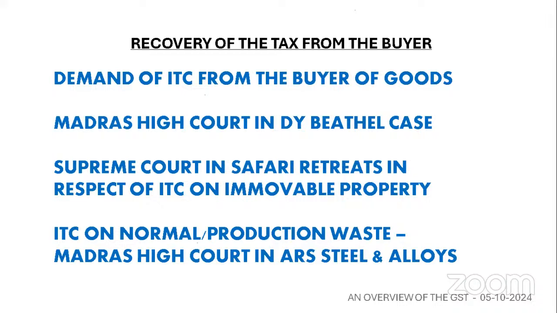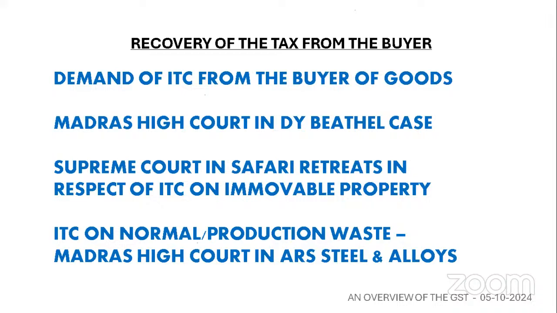Then one more issue is the normal waste during the course of manufacturing. The rule for ITC is that if certain goods which are being used for outward supply get lost, then the ITC on the lost goods should be reversed. That is the rule.